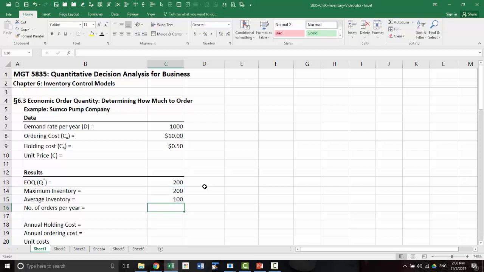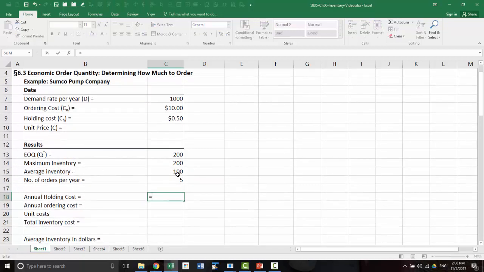And number of orders will be what? Annual demand divided by the EOQ Q value. So then annual holding cost is average inventory times the holding cost.